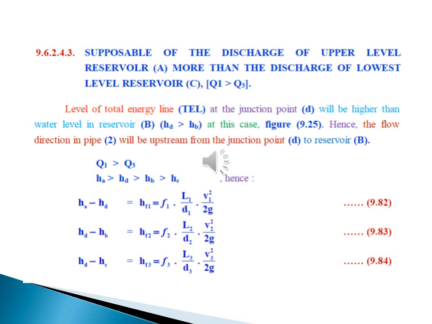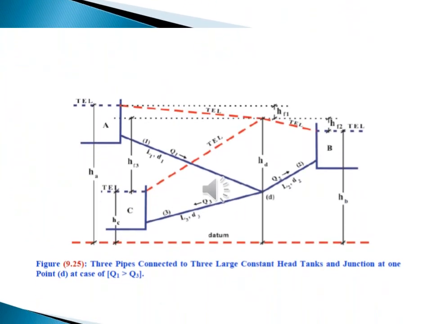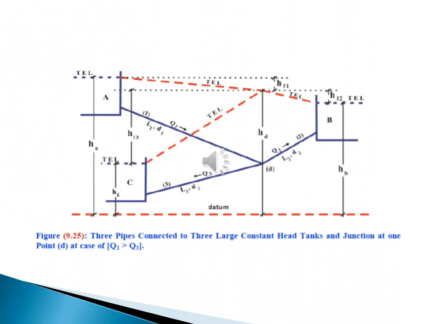Hence, the flow direction in pipe 2 will be upstream from the junction point D to reservoir B, as shown in the enclosed equation. Figure showing three pipes connected to three large constant head tanks and a junction at one point D in the case of Q1 more than Q3.